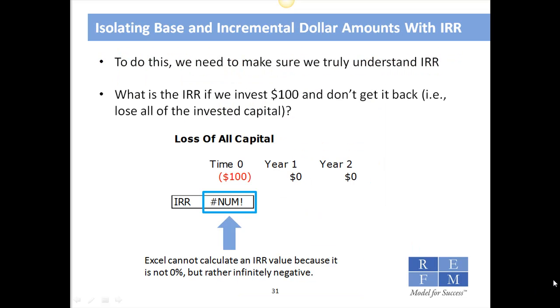The first question to ask is, what is the IRR if we were to invest $100 and not get it back? This IRR is infinitely negative because the calculus cannot provide us with a positive value since we did not get a return whatsoever, not even of the initial investment.